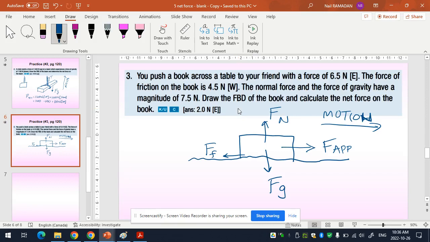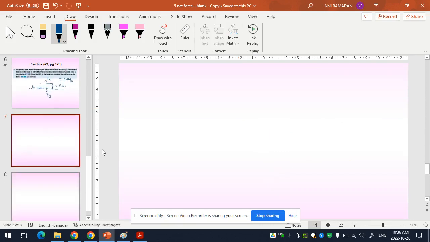All right. So let's do everyone. Let's go here. F net. Doesn't matter which one you do first, the y or the x. No, you have to do both. So you choose to do. Let's do the canceling one first. Which one canceled? The y or the x? Y, because apparently it did not move at all on the y.